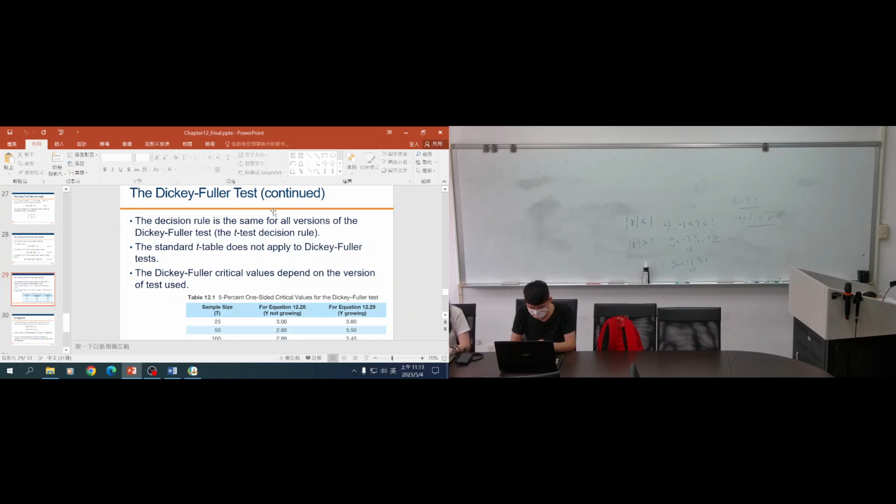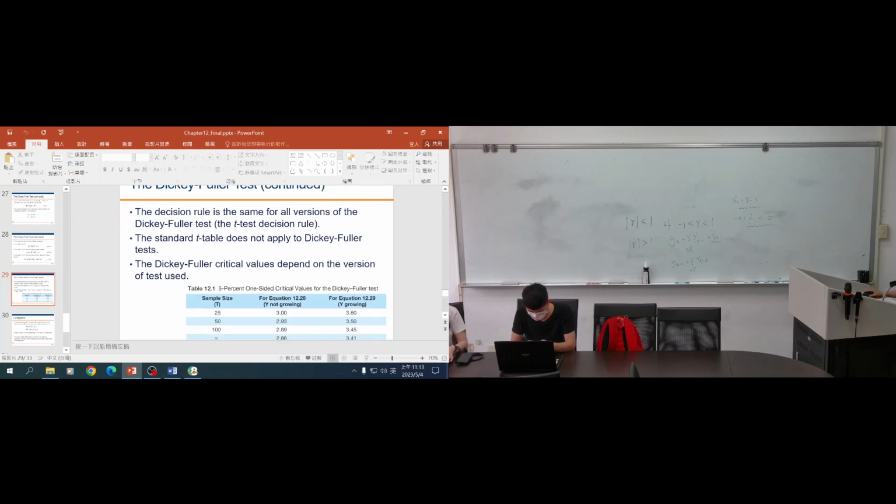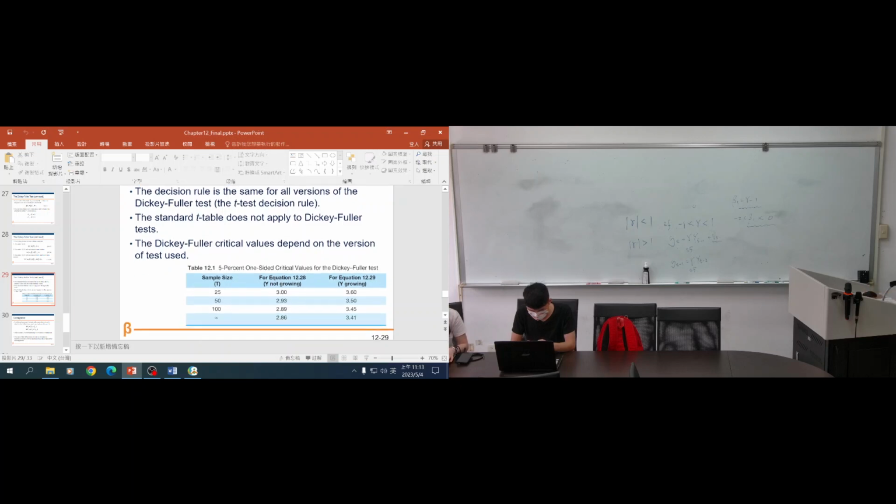So the Dickey-Fuller critical values depend on the version of the test. We'll see the versions of the test later on, and the critical value will be different from what you get if you check with the t-distribution.